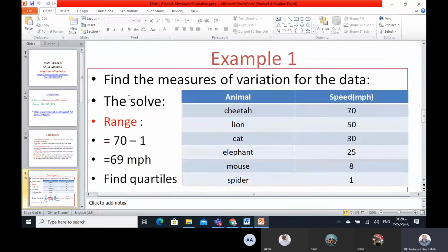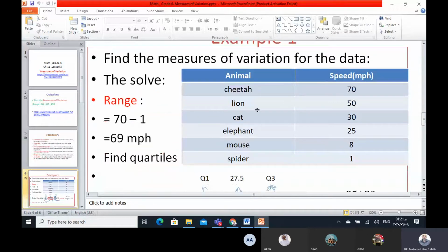For example, find the measures of variation. When the question says measures of variation, always remember we have 4 measures: range, first quartile, third quartile, and IQR. The data inside the table has animal and speed, meter per hour.